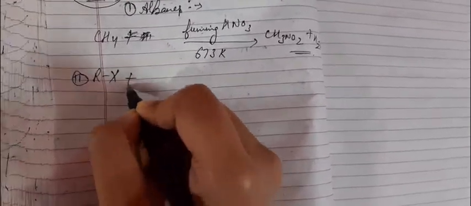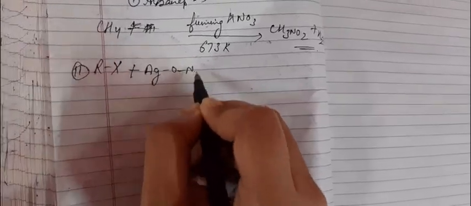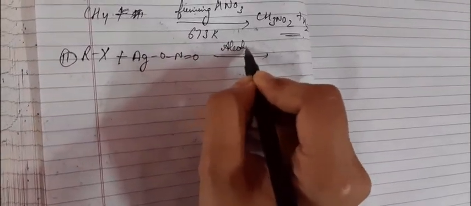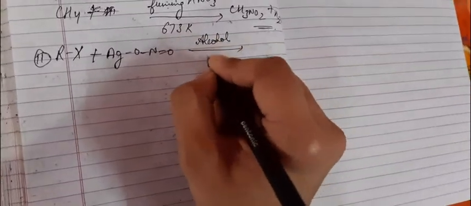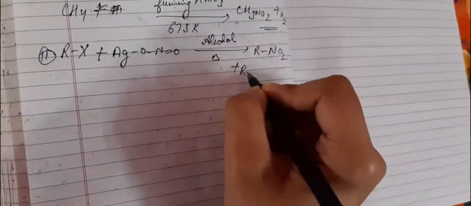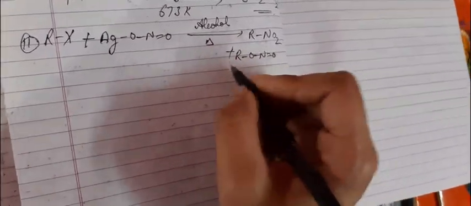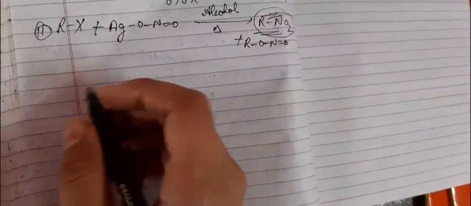Alkyl halides react with silver nitrate in the presence of alcohol, and by heating this mixture we get the corresponding nitroalkane along with alkyl nitrite, which is the side product or the minor product formed along with the main nitroalkane.